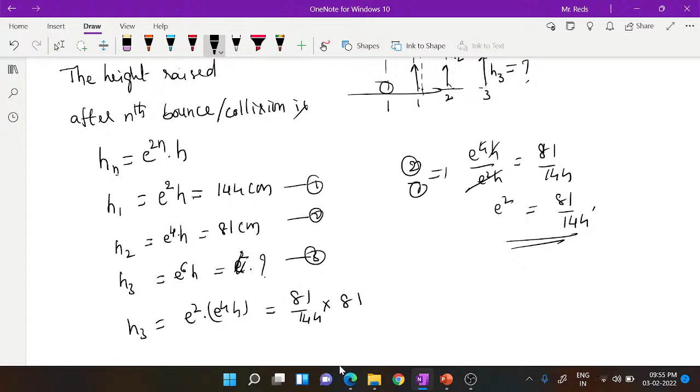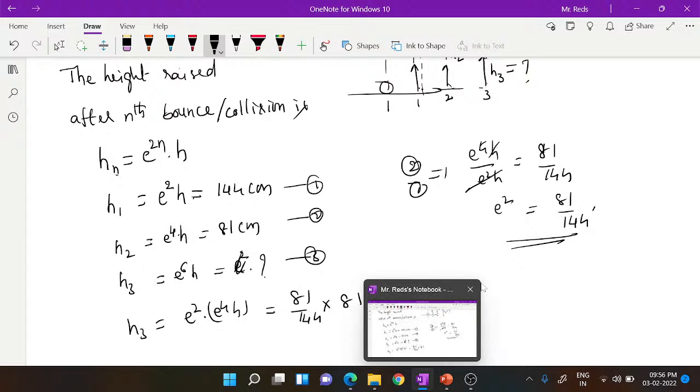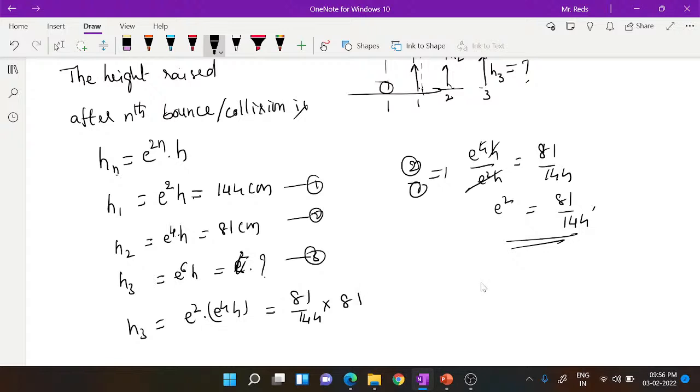It should actually be 9 into 9 whole square by 12 square, right? So you can simplify that way also. You can do the calculations: 9 square by 144 is 9 into 9 by 12 whole square.